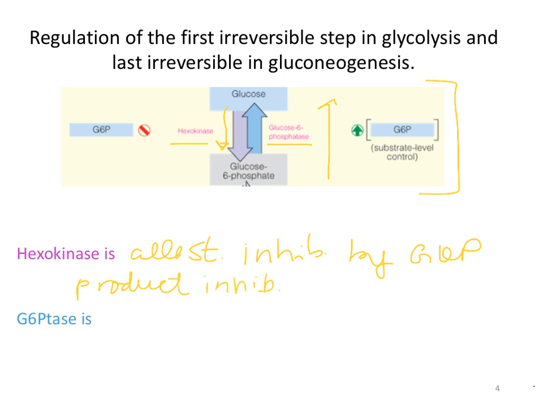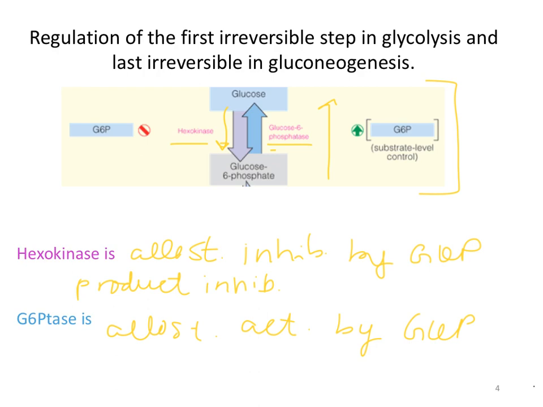Whereas glucose 6-phosphatase is allosterically activated by G6P. So not only is G6P the substrate for glucose 6-phosphatase, but G6P can also bind to a site other than the active site to allosterically upregulate it.